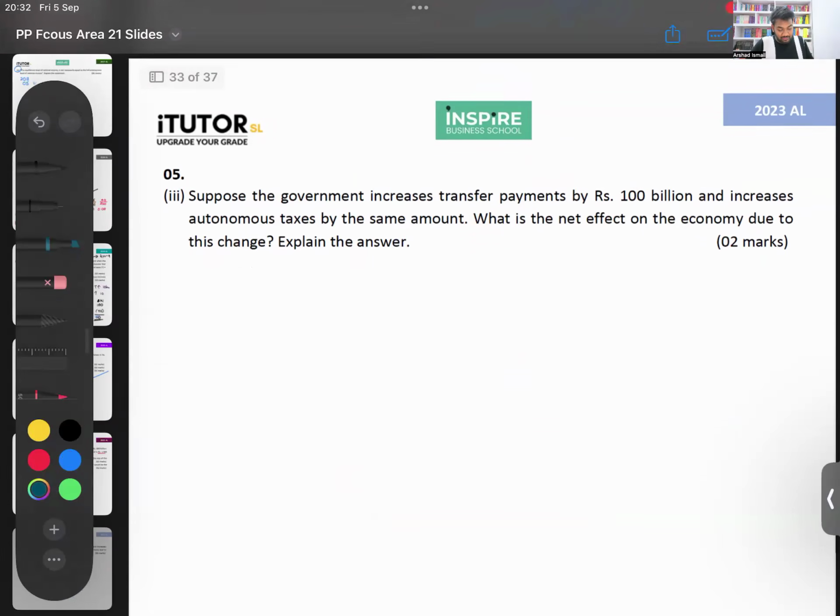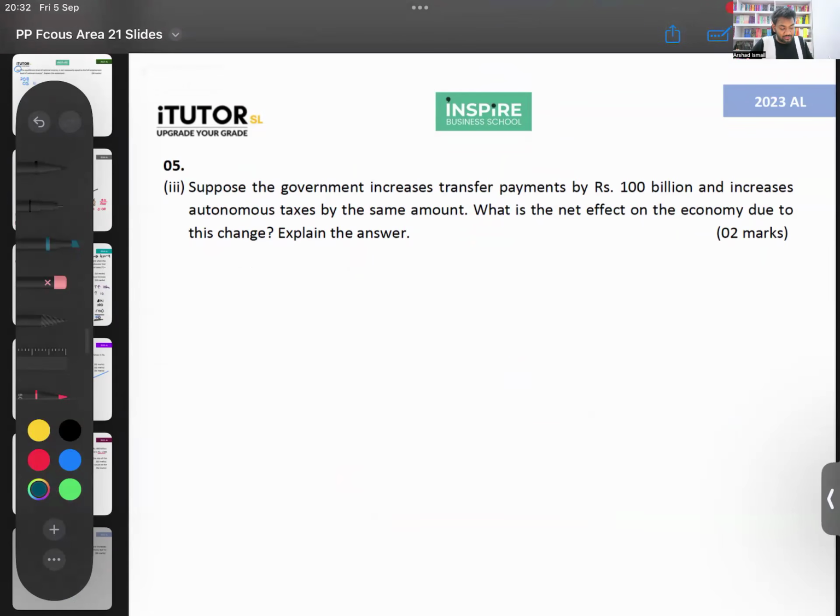2023. Question 5, part 3. Suppose the government increases transfer payments by 100 and increases taxes by the same amount. What is the net effect on this economy due to this change? This is not expenditure multiplier and tax multiplier. This is transfer multiplier and tax multiplier. What should you know? The transfer multiplier and the tax multiplier are the same thing in opposite directions.